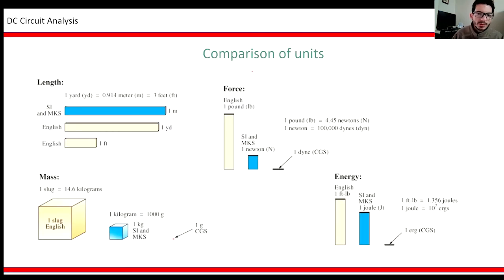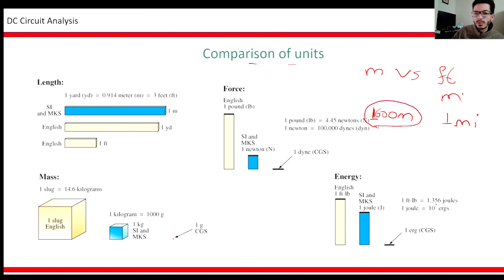So, comparing units. We compare units when we have different systems of units. So for instance, if we have meters versus feet, or versus miles, we know that 1 mile is 1600 meters, or 1.6 kilometers.